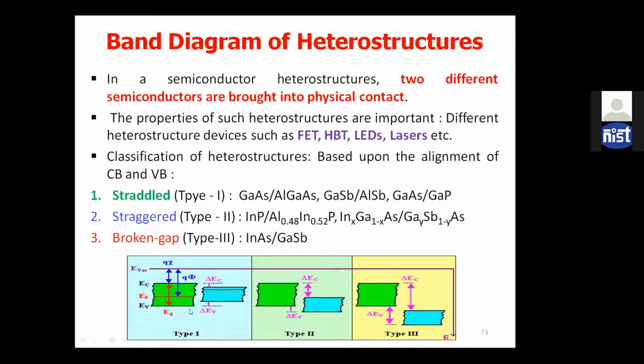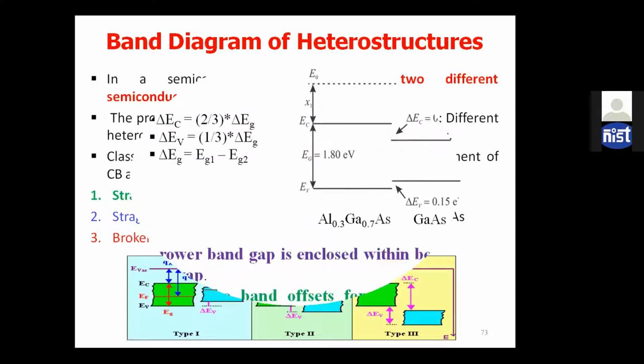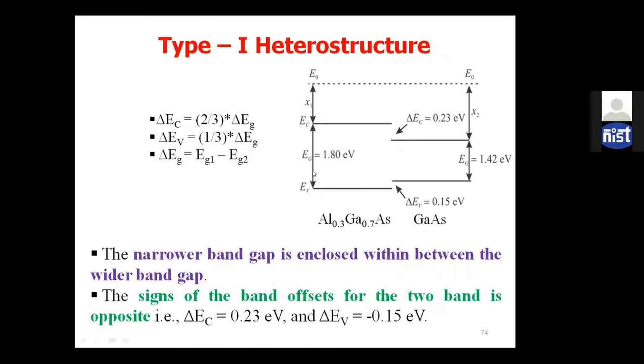You see this delta EC and there is delta EV. And the low band gap material is totally within the energy gap of the high band gap material. So this is the condition. If you see here, this is the EG of the high band gap material, and there is a low band gap material, and here the narrow band gap material is enclosed between the wider band gap material.